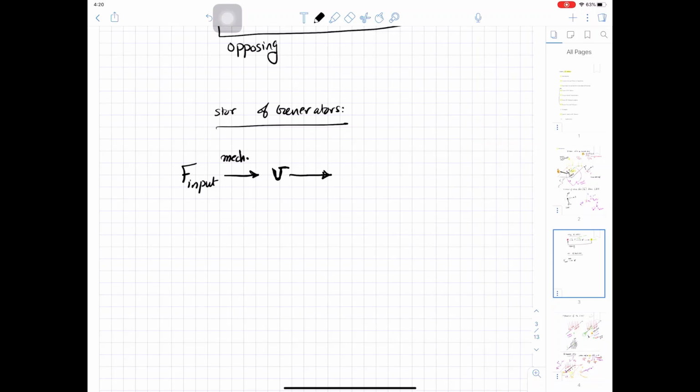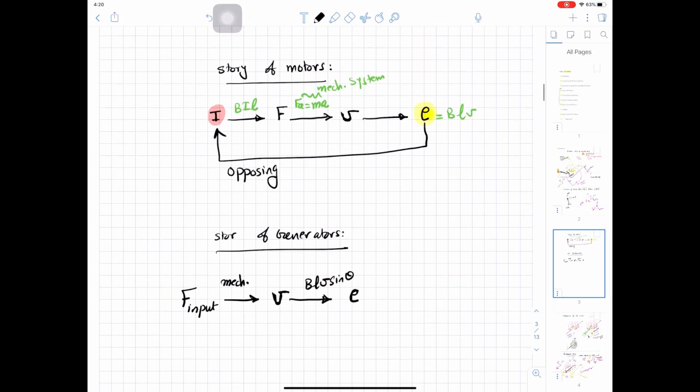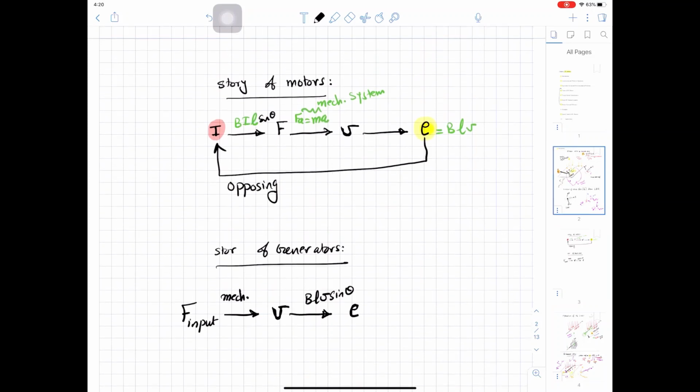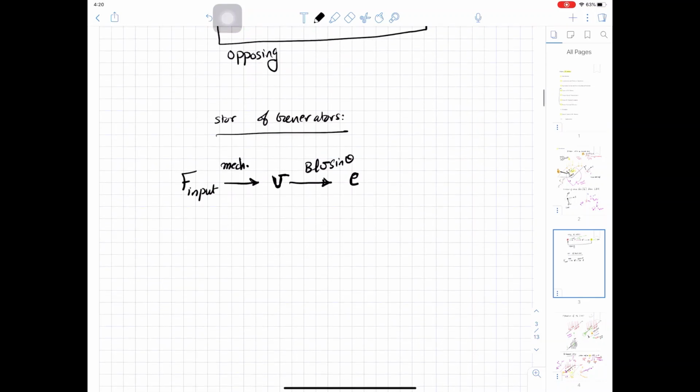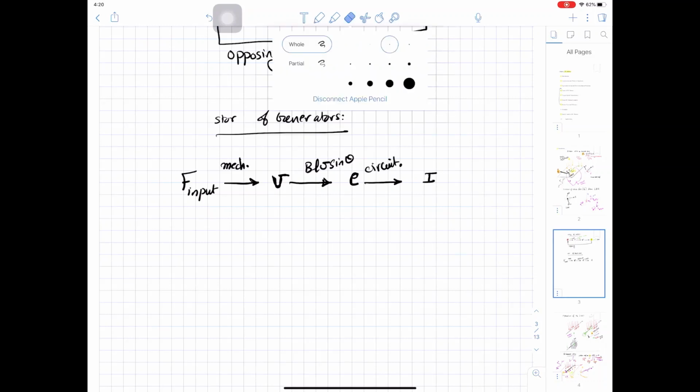And this velocity v will generate a voltage E according to the equation BLV sine theta. We can assume that theta is maximum, as we will see for DC motors. And this E will circulate current I according to circuit analysis.